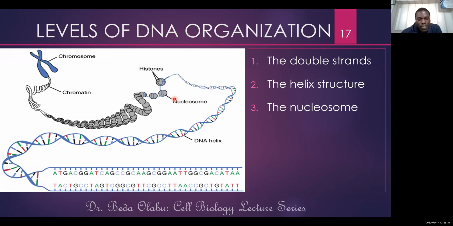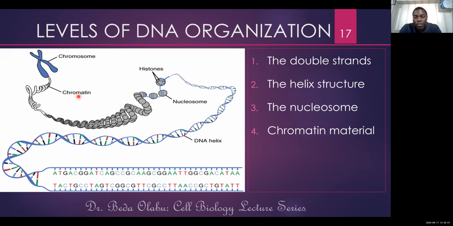Several nucleosomes compact or group together to form chromatin material. And that is the form in which the genetic material will exist in our nuclei, the chromatin material.